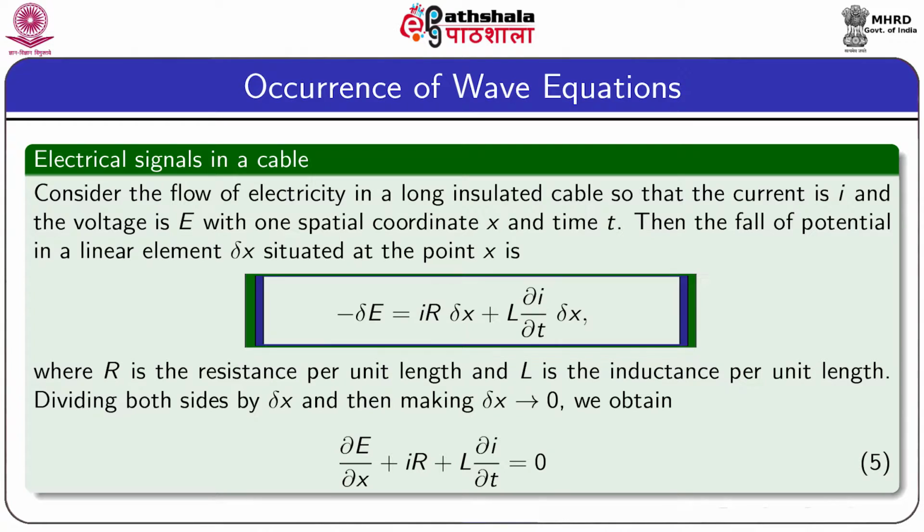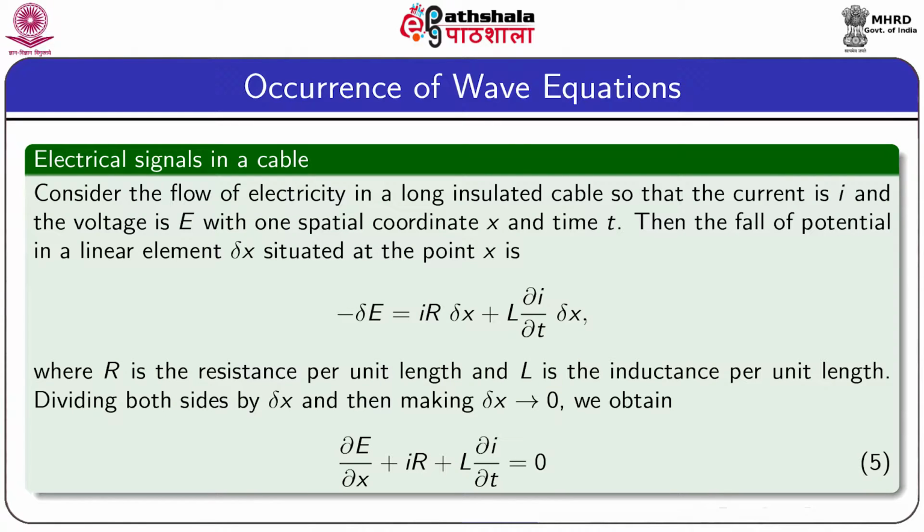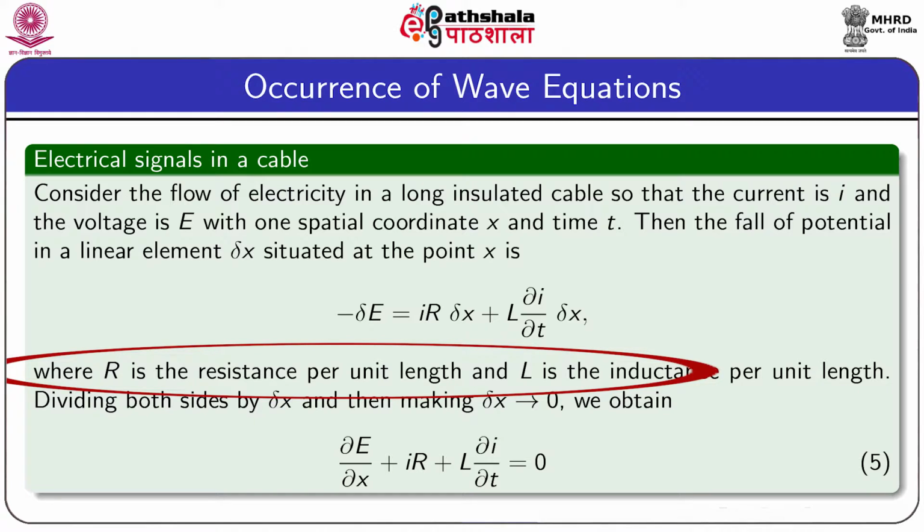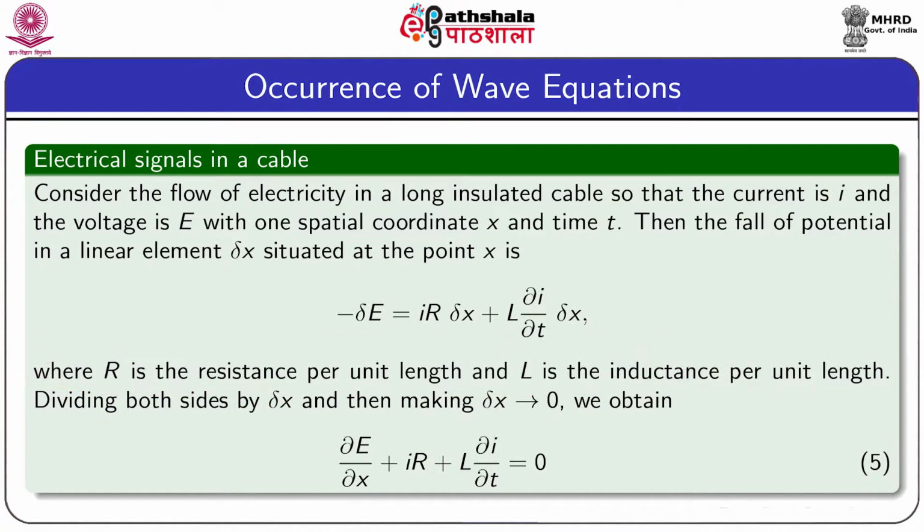given by the equation minus del E equals I R del x plus L del I del t into del x, where R is the resistance per unit length and capital L is the inductance per unit length.